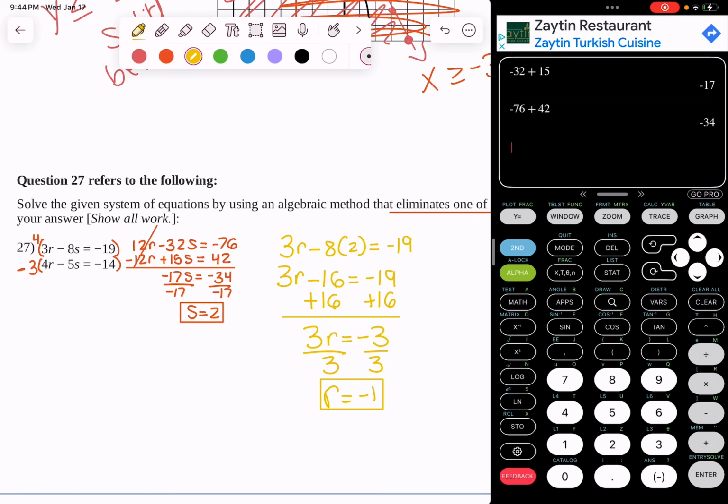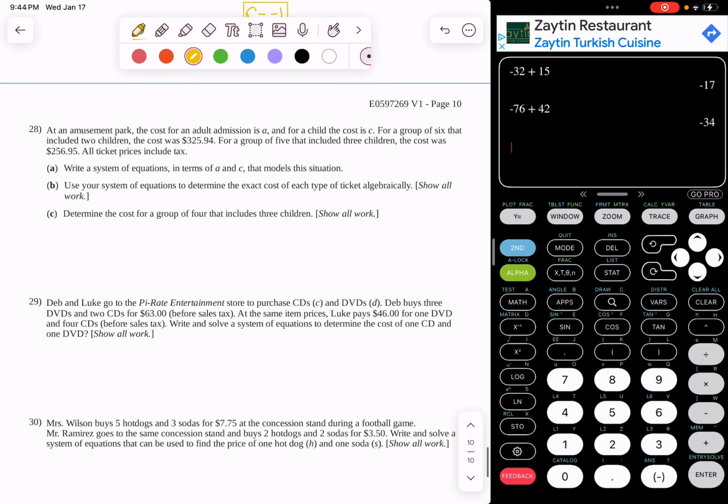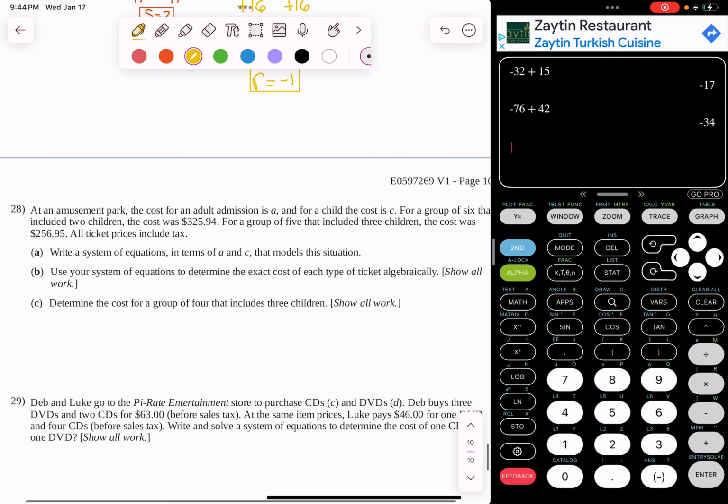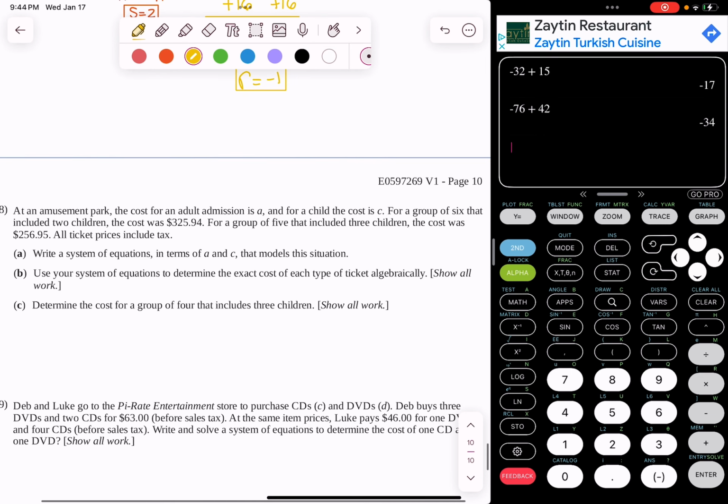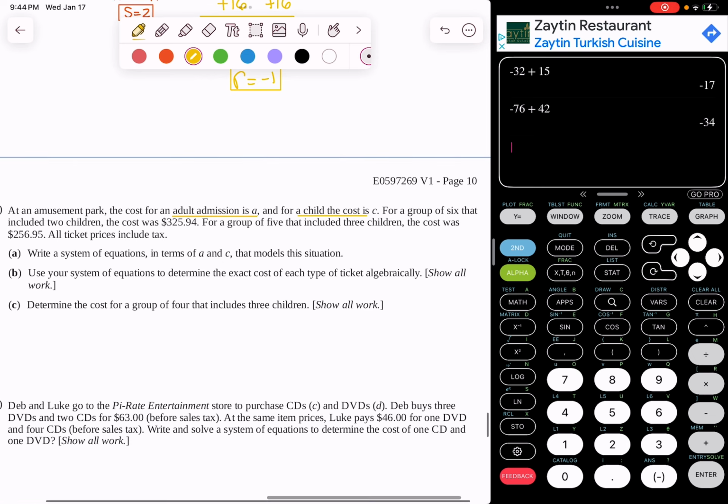All right, let's look at number 28. Question 28 says, at an amusement park, the cost for adult admission is A, and children admission is C. For a group of 6 that includes 2 children, there's 2 children, and if there's 6 people total, that means there would have to be 4 adults, and that cost is $325.94.